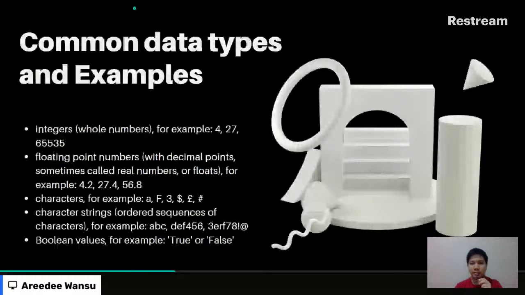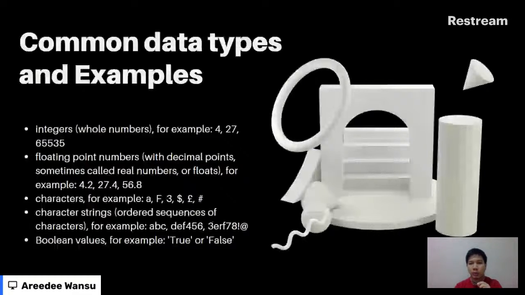The data type refers to the format of data storage that can hold a distinct type or range of values. When computer programs store data in variables, each variable must be designated a distinct data type.